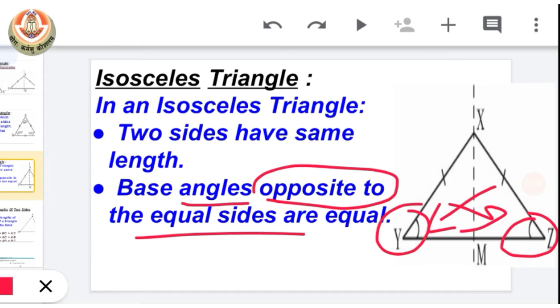That means in the case of an isosceles triangle, two sides as well as two angles are equal to each other, but the condition is that these two angles should be opposite to the equal sides. Okay.